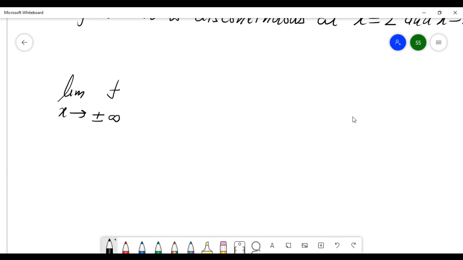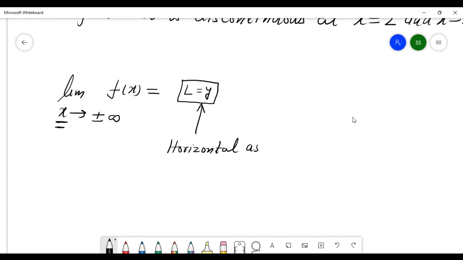If x goes to plus or minus infinity and the function goes to L, L means y, and y equal to L is called a horizontal asymptote, a horizontal line.